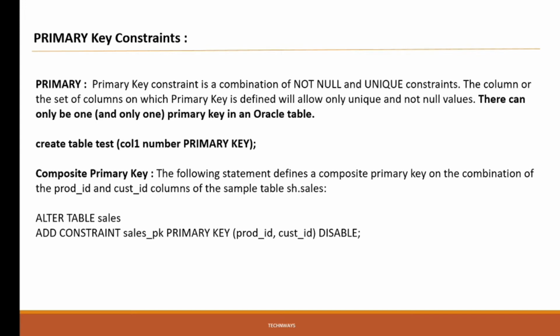A unique key can contain null values, but a primary key is always required and cannot contain a null value.